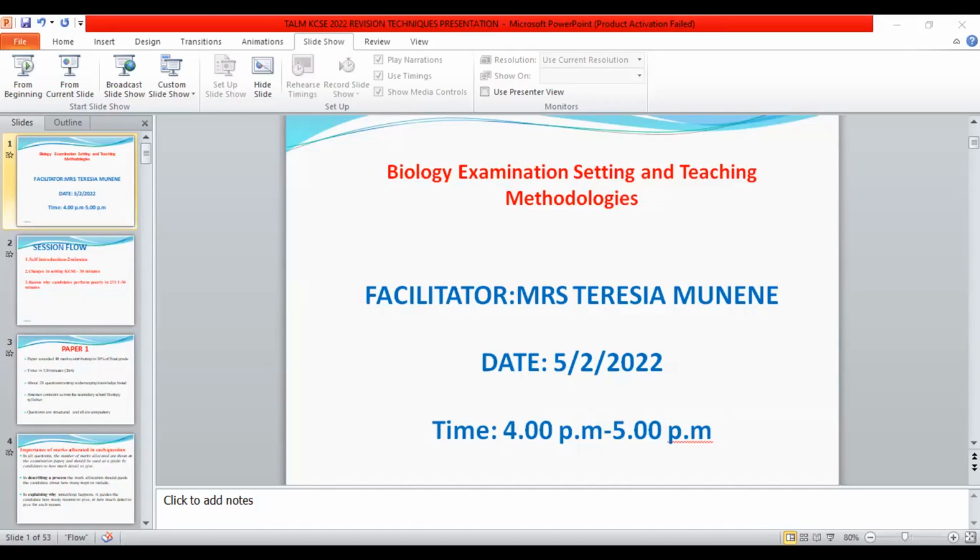For example, if a question tells them to explain why something happens, the number of marks will guide the candidate to know how many reasons they are expected to give. So now you can get straight to the changes that have been made in the setting of the biology examination.